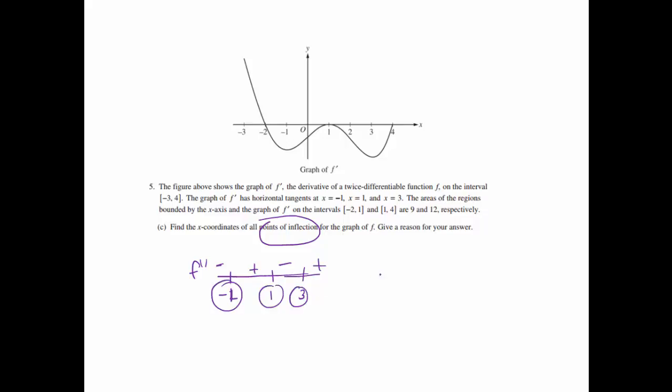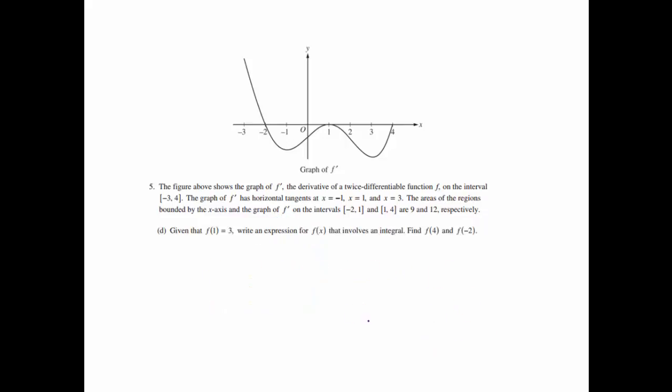So there are 3 spots: x equals -1, 1, and 3. And that would be because f double prime changes sign. That was worth 2 points. We got 1 point for the x values and 1 point for our reason.